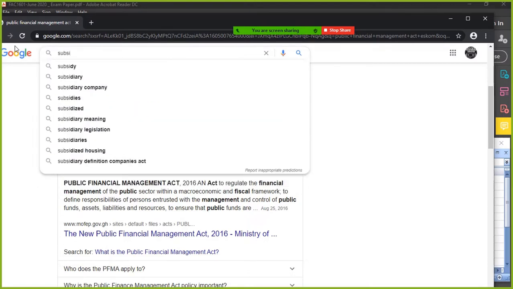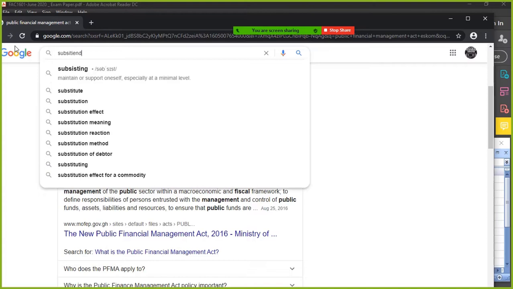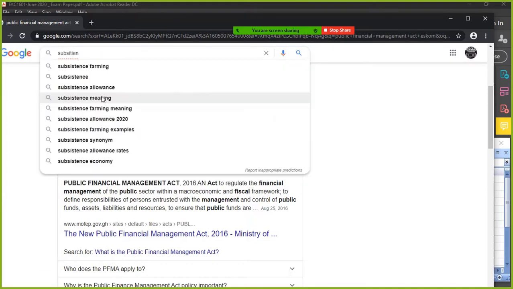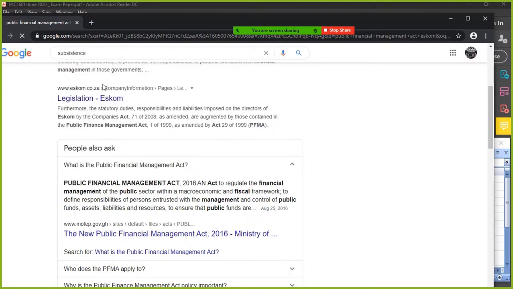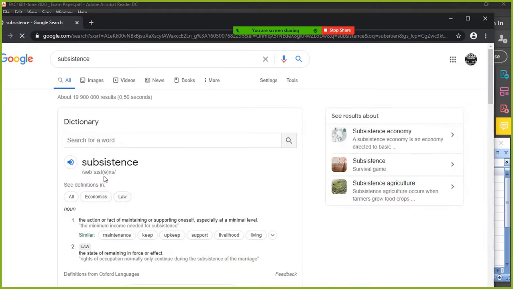Let me give you the definition. Subsistence. Here, subsistence: the action or fact of maintaining or supporting oneself. So when you talk about subsistence allowance for a partner, it would be those basic necessities: food, water, electricity, etc. Not really a housing allowance.